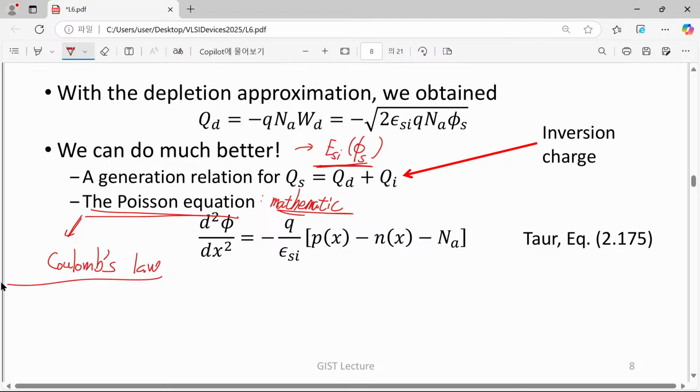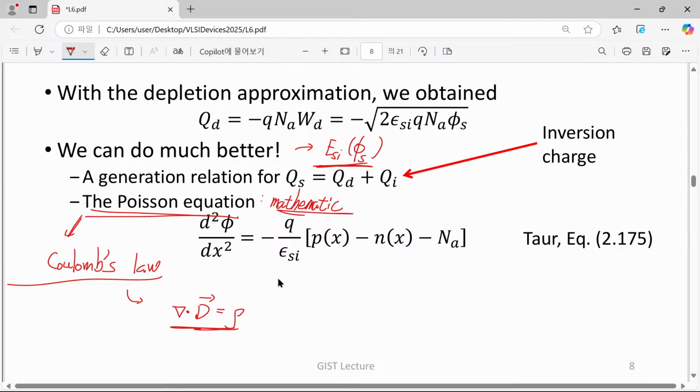So this is nothing but, although we say Poisson equation, this just shows Coulomb's law. Coulomb's law means that, or Poisson equation means that, yes, this is a so simple equation. Let me just state it in plain English.